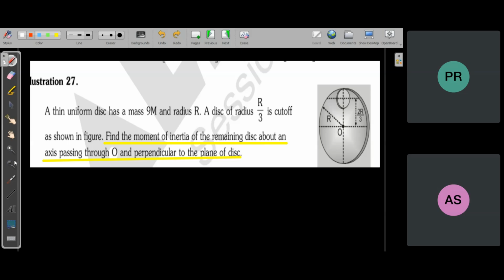A bigger moment of inertia means its property to resist any change in a state of rest or a state of uniform rotation will be large. A smaller moment of inertia means you can easily rotate it about that axis, and if it is rotating, you can easily stop it or slow it down. But suppose there are two bodies, both having the same mass.